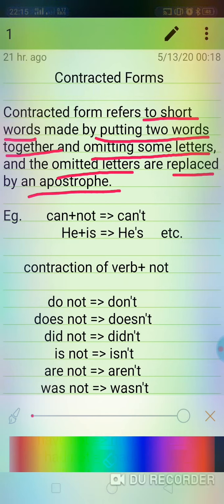Let's understand this with the given example. Can plus not equal to can't, and he plus is equal to he's.